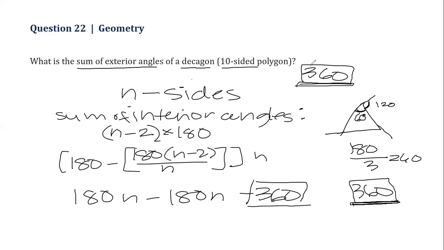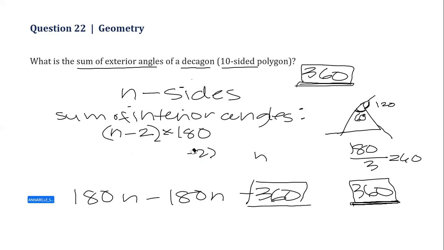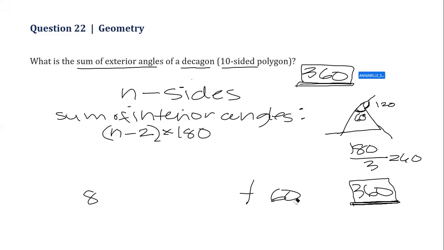Are there any questions? I have a question. Is the sum of the exterior angles of an n-sided polygon always 360 or more? If we get the sum of the exterior angles, it's always going to be 360, without any formula. Yes, it's always 360 degrees.